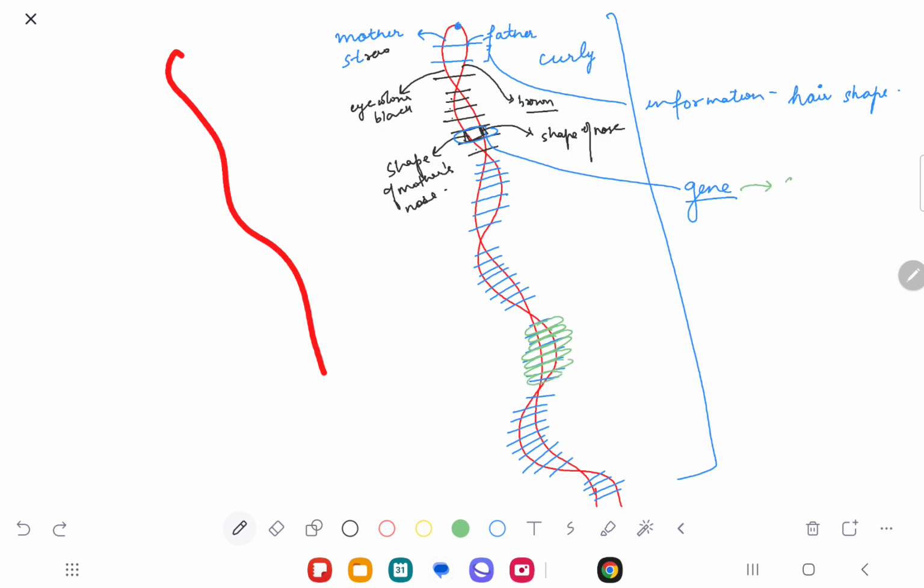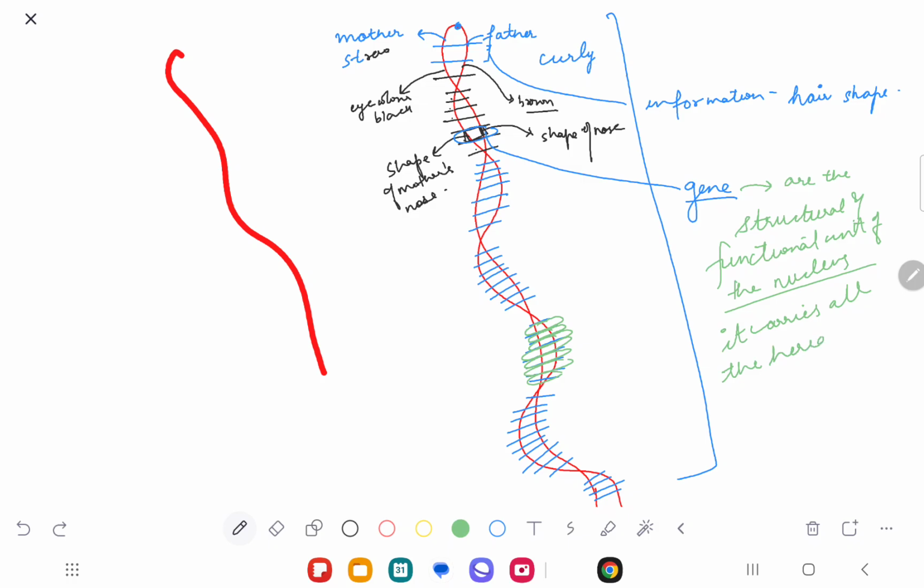So what do we say? Genes are the structural and functional unit of the nucleus, and it carries all the hereditary information.